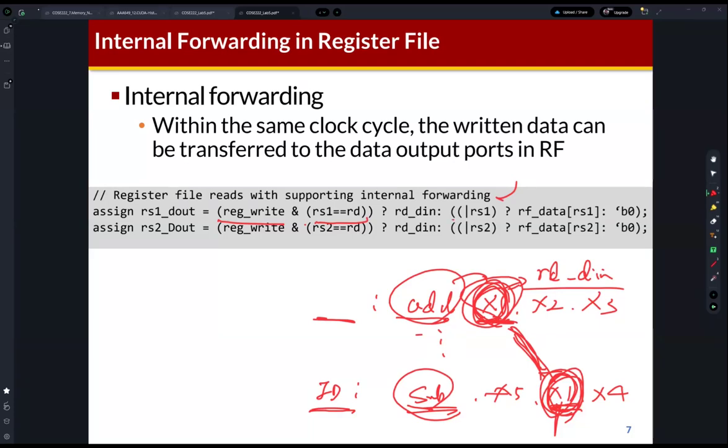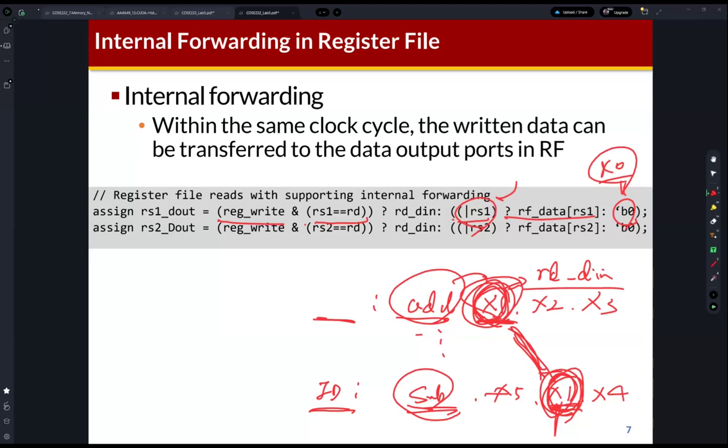So if RS1 is a non-zero value, then the RF data is read from the register file, otherwise it's 0. So what does that mean? This is the X0 register, the zero register.